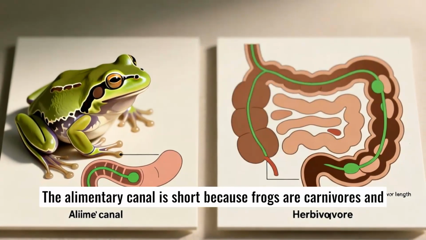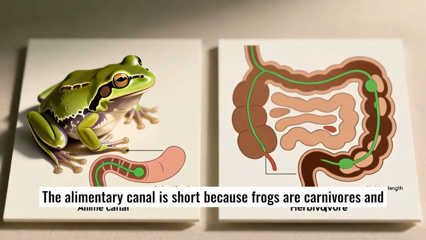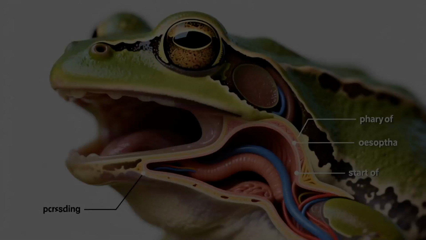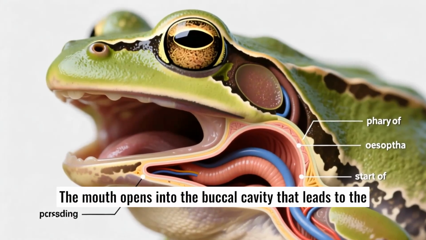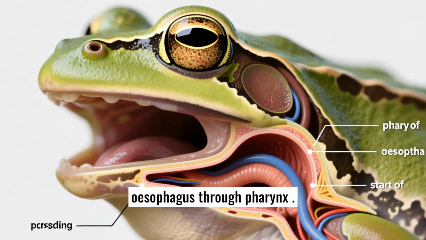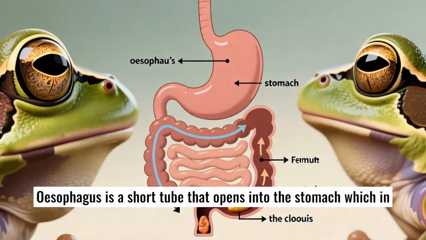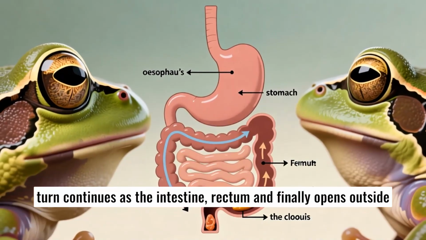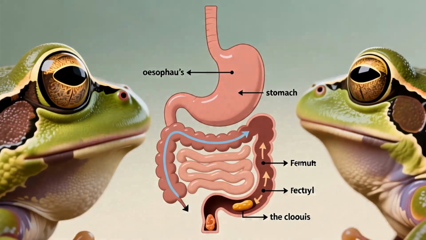The alimentary canal is short because frogs are carnivores and hence the length of intestine is reduced. The mouth opens into the buccal cavity that leads to the esophagus through pharynx. Esophagus is a short tube that opens into the stomach, which in turn continues as the intestine, rectum, and finally opens outside by the cloaca.